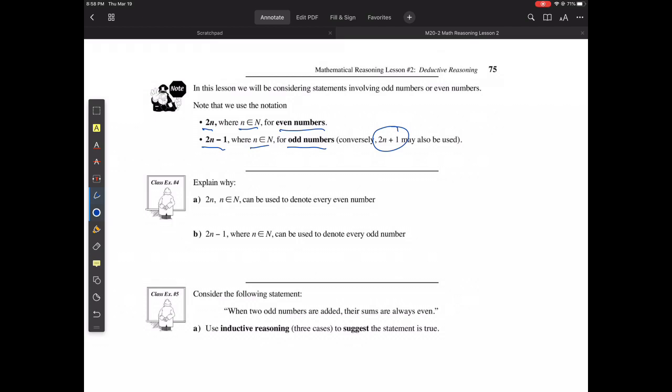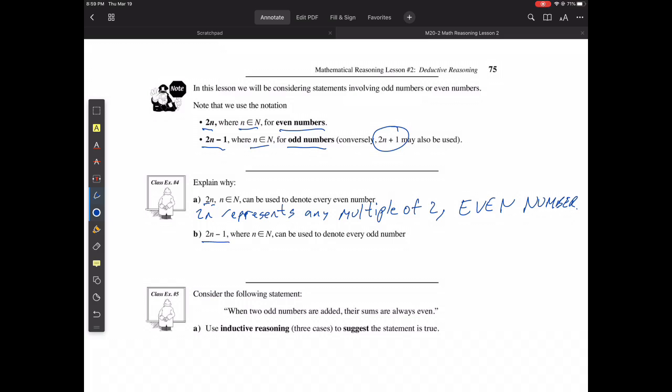Well, 2n has a factor of 2 and n, which means that 2n represents any multiple of 2, because if I take any n and I multiply it by 2, then any multiple of 2 is also an even number. If it's a multiple of 2, it's divisible by 2. Even numbers are just divisible by 2.